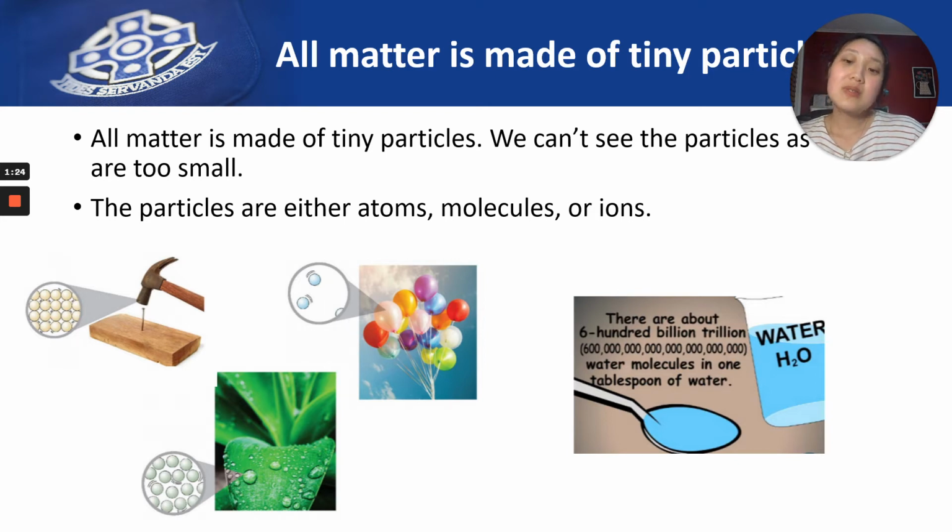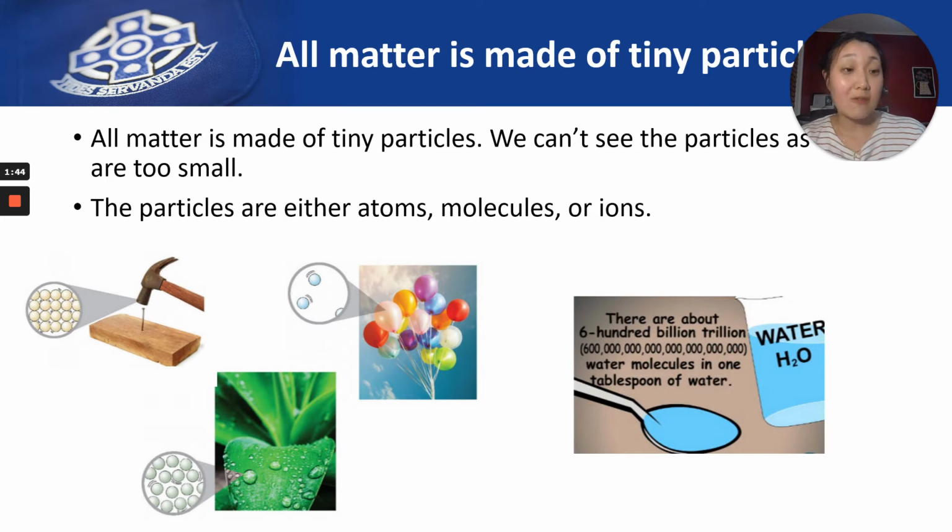Now, the particles can exist as either atoms, molecules, or ions. Atoms can be anything from the periodic table: hydrogen, oxygen, lithium, beryllium, boron, carbon, you name it. Molecules are 2 or more atoms bonded together.